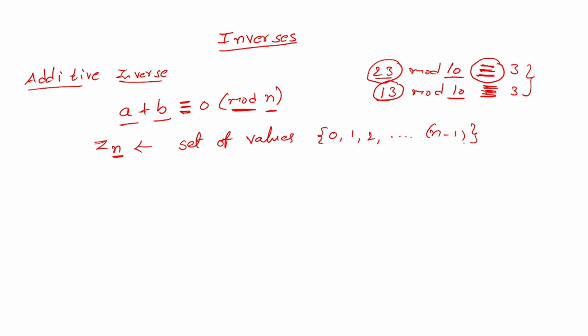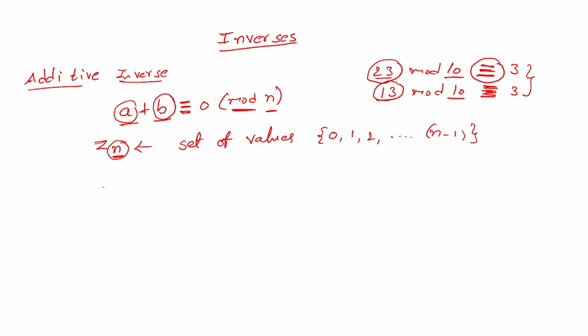We need to take a value from Zn and find its additive inverse. If the input is a, you need to find the additive inverse b. If the input is b, you need to find the additive inverse a. So how can you say these two are additive inverses of each other? a plus b is equal to 0 mod n.